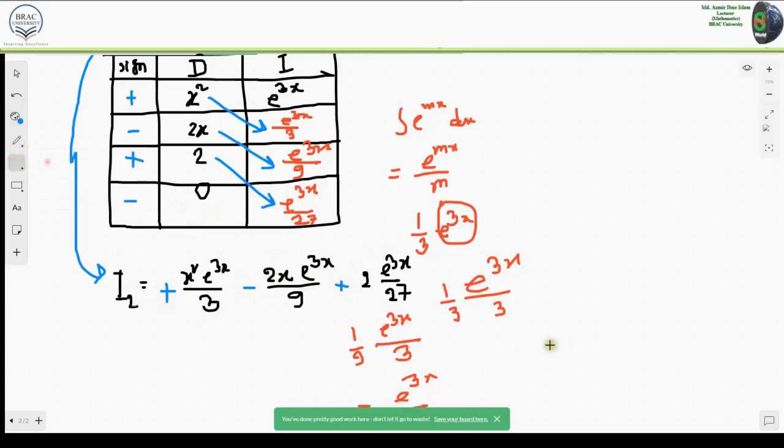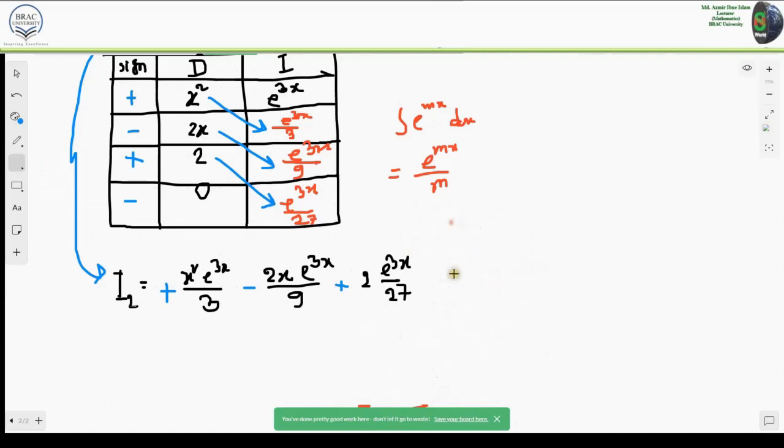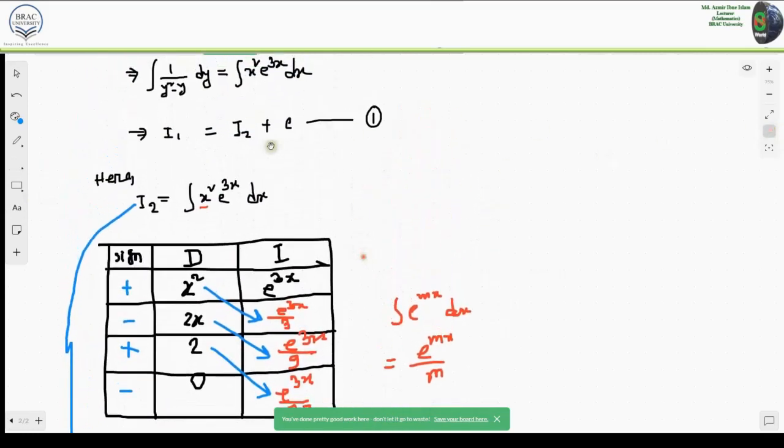I am going to erase this part so that you can clearly understand. So we have found a solution for I2, that means the antiderivative for I2 has been found.